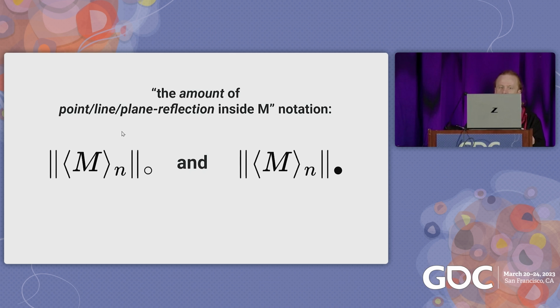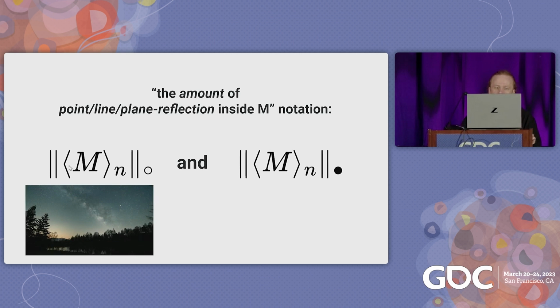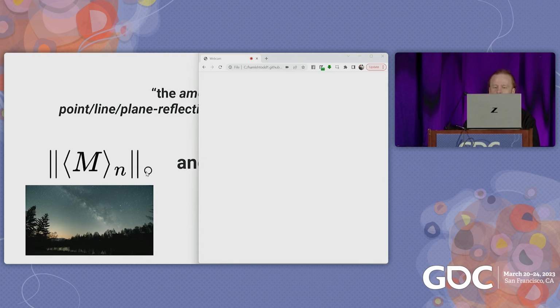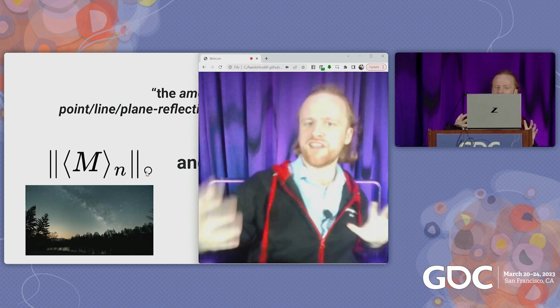So we've got 2 different ways of getting it. This is the one that we use to get the amount of, let's say we're thinking about a point. So a point is the intersection of 3 planes. So we're looking for the grade 3 part of M. If it's a point at infinity, then we have this notation. And the way that I think about it is that this empty circle represents that big old sky sphere, right?